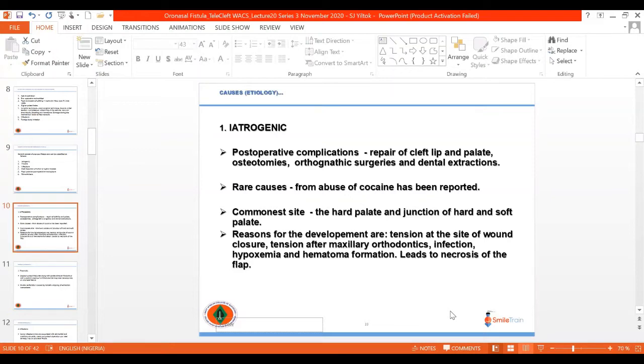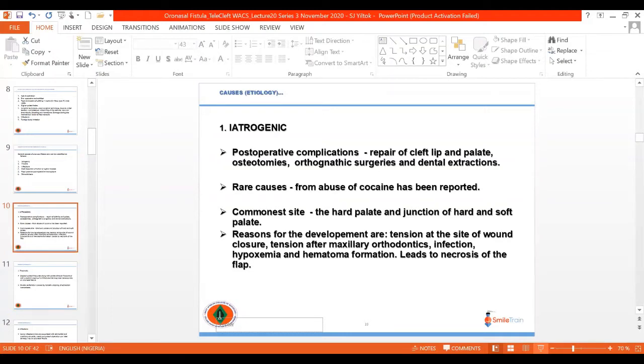Okay, so the next step, like I said, is the traumatic causes, usually as a result of injury or road traffic accident, and the traumatic causes which result in fractures, like developing an oronasal fistula.